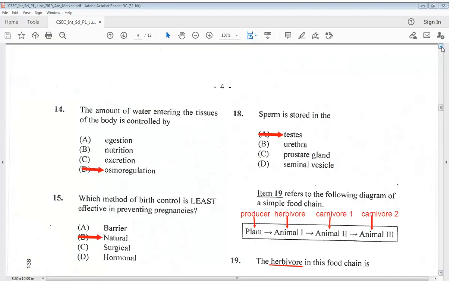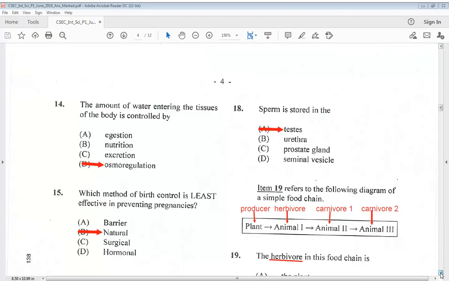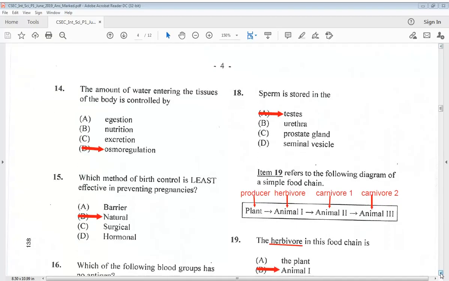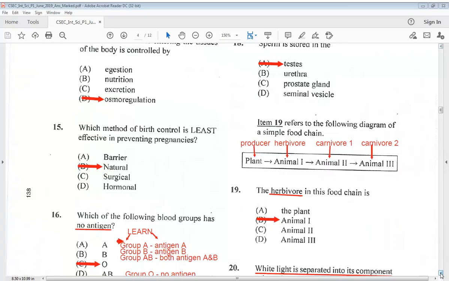We know the answer is A, testes. Item 19 refers to the following diagram of a simple food chain. We have A. plant, then animal 1, then animal 2, then animal 3. The herbivore in this food chain is B, animal 1, because the plant is the producer, animal 1 is the herbivore, animal 2 is carnivore 1, and animal 3 is carnivore 2.